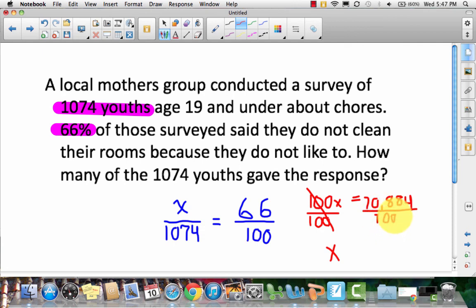So I'm going to be left with 708 and 84 hundredths. Now, because my final answer is in terms of people, it would be sort of strange to leave it as is. So I'm going to round that and say that there were 708 youths who said they don't want to clean their room because they don't like to.